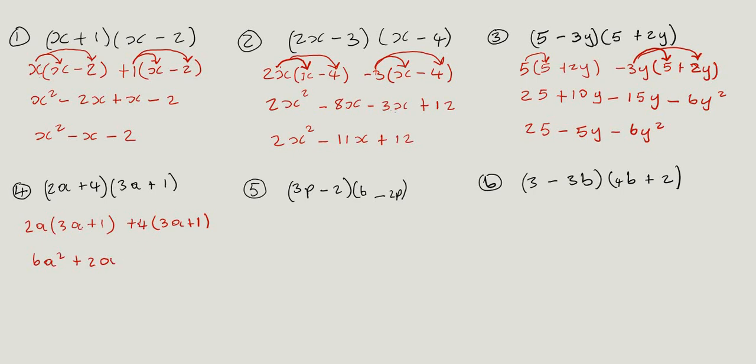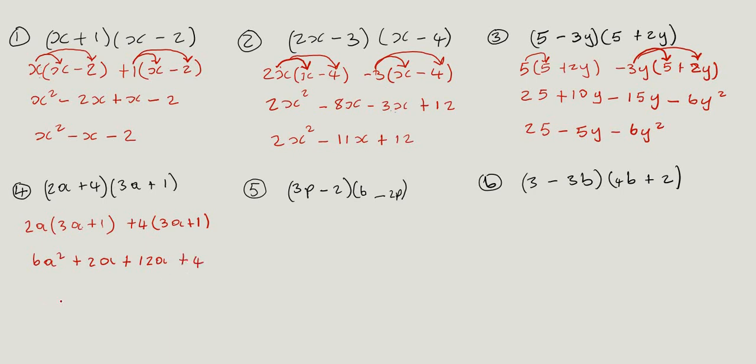Then we're going to use this plus 4 to multiply each term in the bracket. So 4 times 3a, that's going to give us positive 12a. And a positive 4 times a positive 1, that's just going to give us positive 4.